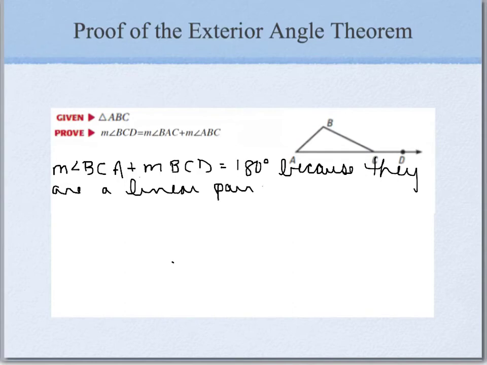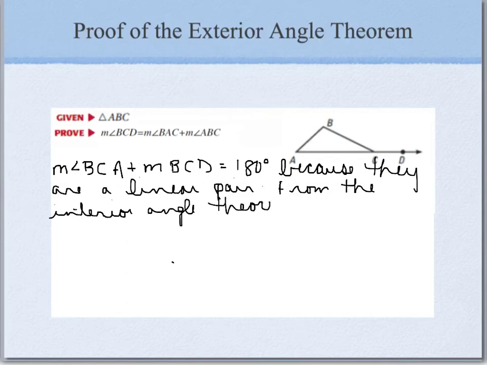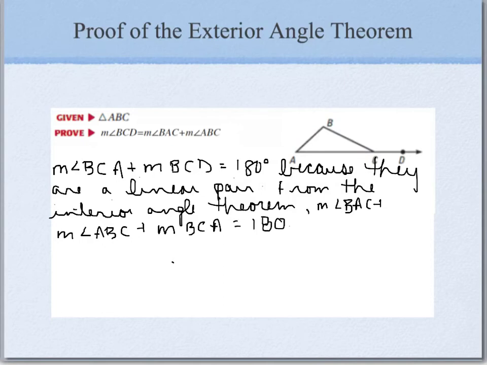Okay? Then, from the interior angle theorem, we know that the measure of angle BAC plus the measure of angle ABC plus the measure of angle BCA has to also equal 180 degrees.